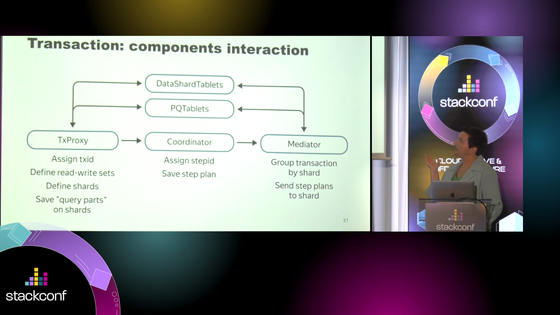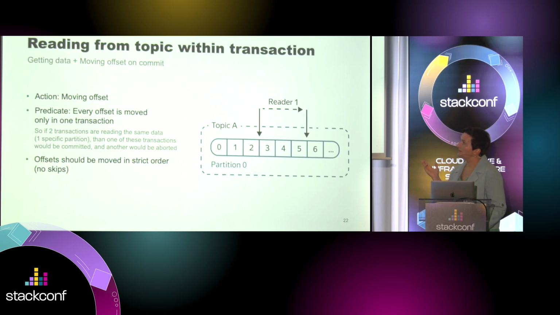So this was the general picture, and let's see what's going on in specific tablets. For example, this is a simpler picture. If we need to move the offset, to read something from a topic, we need to get data, and we need to move the offset on commit.